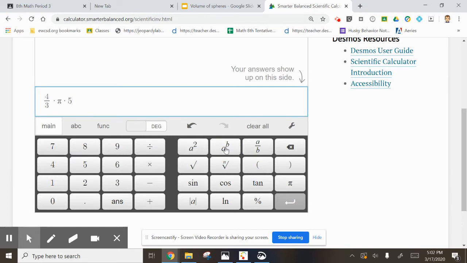But if I hit this one, I can choose what power I want to take it to. I'm going to type in 3, or I can just click 3. And my answer here is 523.5. If I round to the tenth, 523.6. So that's basically it. This is your formula, 4 over 3 times pi times 5 to the third. You plug this in, and you're going to be good to go.